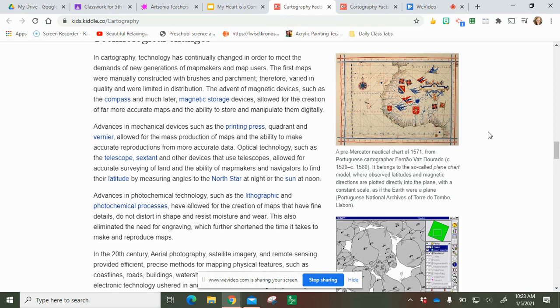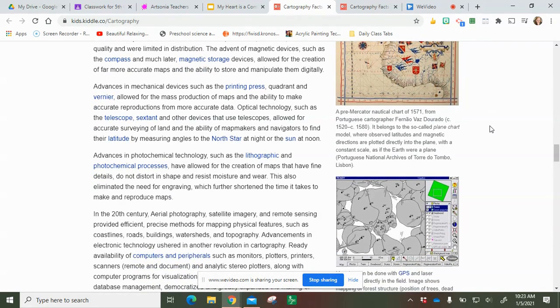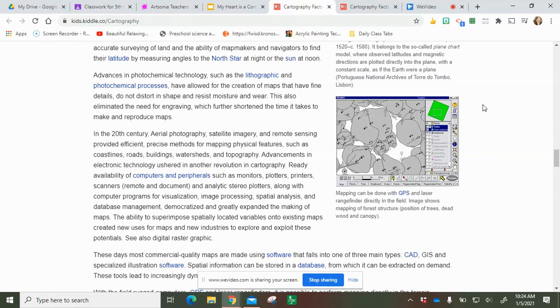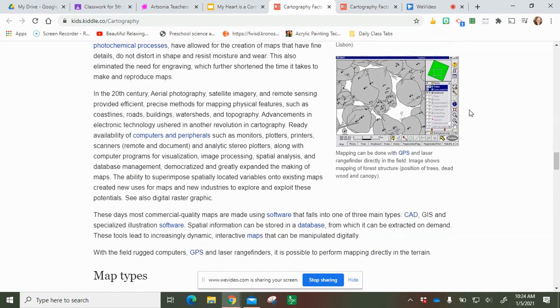Now they have a copy of a map, and they're using telescopes, and they're able to chart the stars and use the North Star or the sun to help them map out the different parts of the islands and the oceans. So now we have all sorts of cool technology, satellites and computers that can show us aerial maps. We can see things like coastlines and roads and buildings and all sorts of different topography.